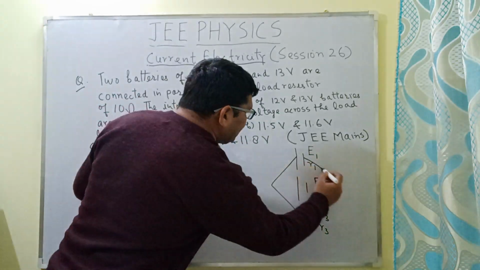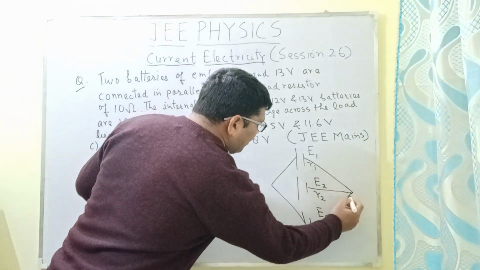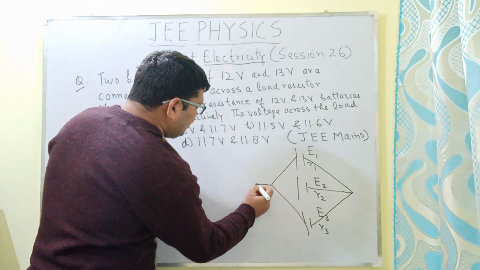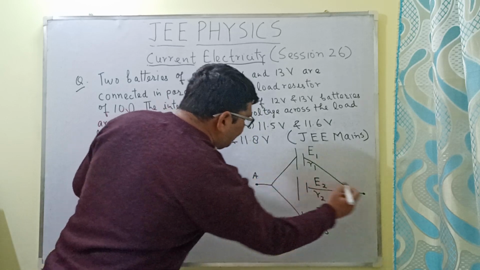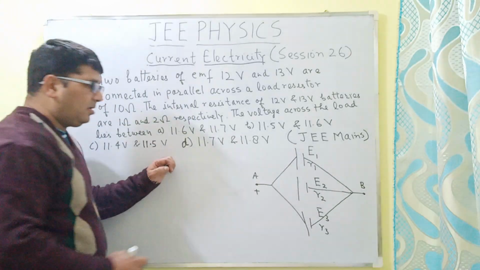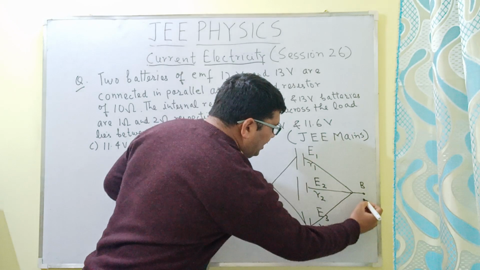Now these three cells are connected in parallel like this, and these are the 2 points, say A and B. So this is the positive terminal, and this is the negative.